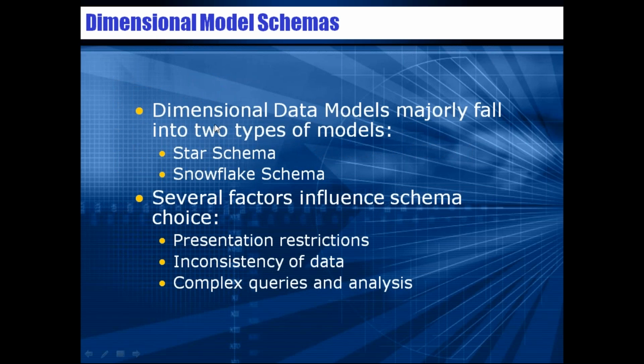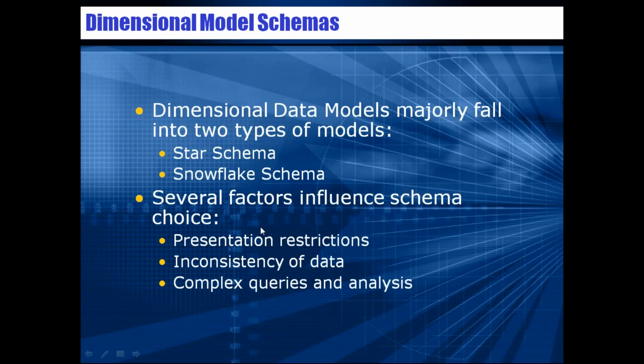And these dimensional data models majorly fall into two types of models. Those are the star schema and the snowflake schema. So why and when do we choose these schemas? When do we go for a star schema? When do we go for a snowflake schema?